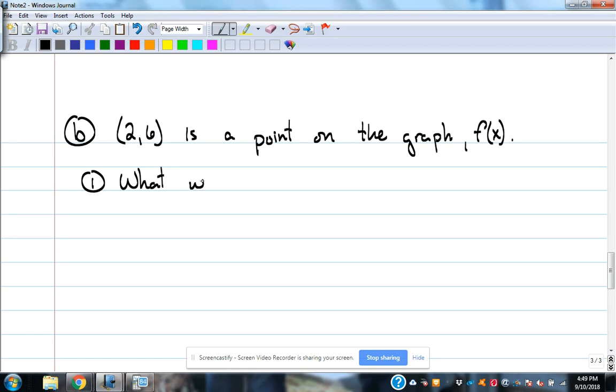What would the ordered pair be on y equals -3, parentheses, or excuse me, f of x minus 1?